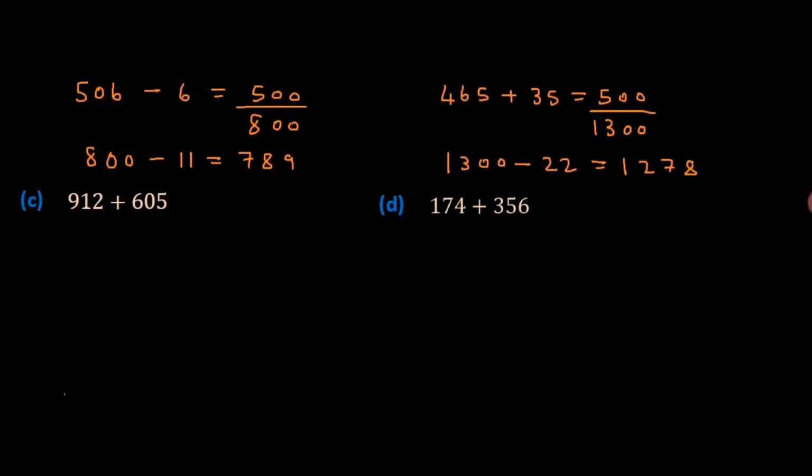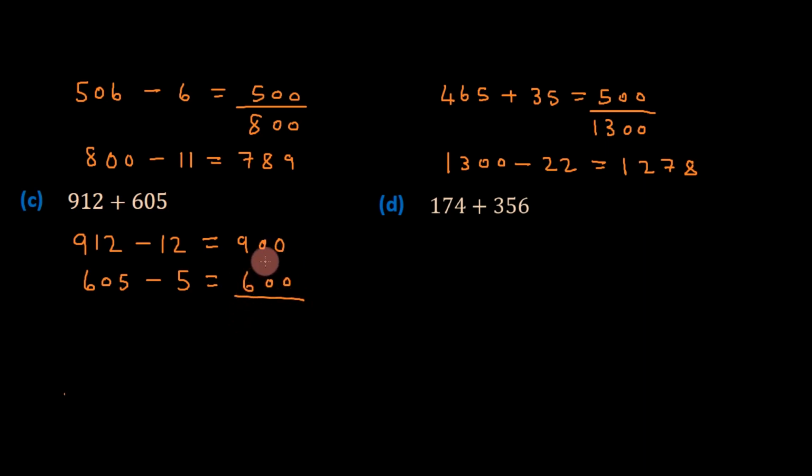Let's go to C. We're going to round down 912 to 900 by subtracting 12. We're also going to round down 605 to 600 because that's the nearest 100, by subtracting 5. So we get 600.